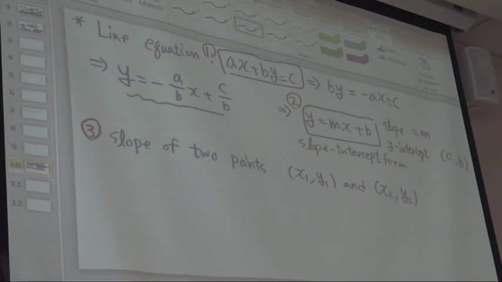Now we are going to find the slope of the line which passes through the 2 given points. The slope m is y change over x change. So y change is y2 minus y1, x change is x2 minus x1. And that is the slope.